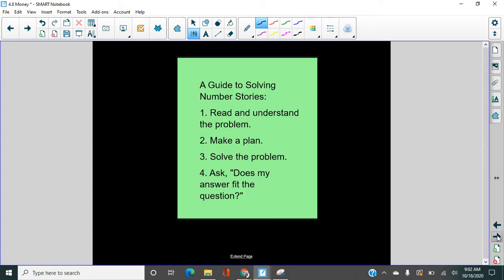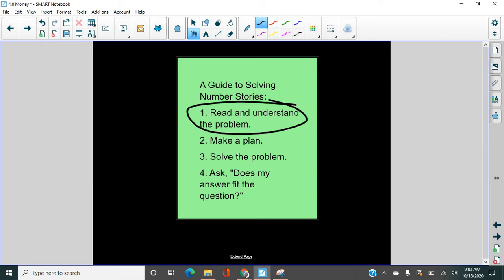So as we work today, we're going to want to make sure that we follow this plan from previous lessons, right? When we're solving a number problem, we really need to take the time to read and understand the problem, right? You have to understand what's happening. You have to visualize the problem before trying to get started.